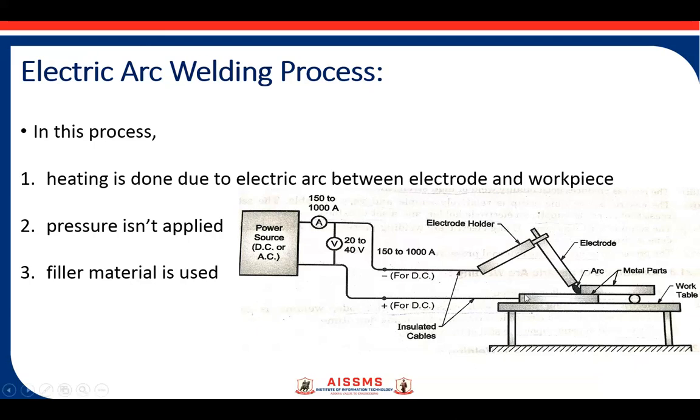Here you can see the basic structure of the electric arc welding process, wherein power supply is there. The positive terminal of the supply is connected to the electrode holder and negative terminal is connected to the workpiece. When the electrode is struck against the workpiece, due to the potential difference, electric arc is generated.